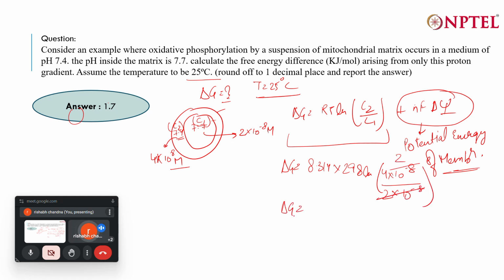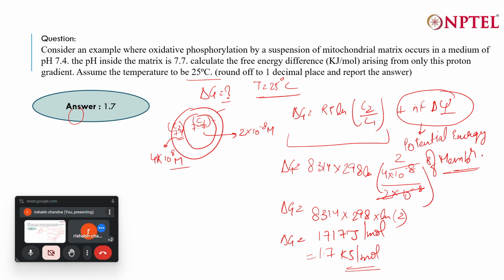So delta G would be the product of 8.314, 298, and natural logarithm of 2. This would come around 1717 joule per mole, and converting it to kilojoule, it would be 1.7 kilojoule per mole. Okay, so that's the answer.